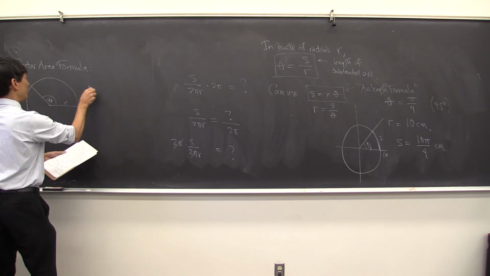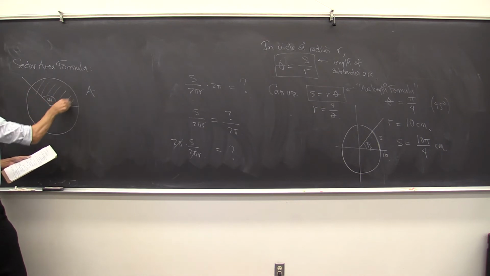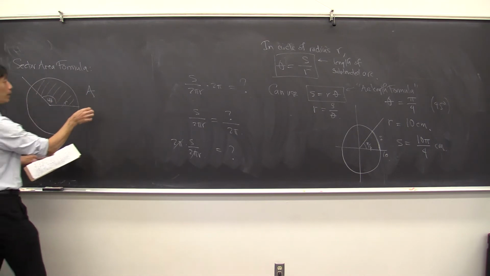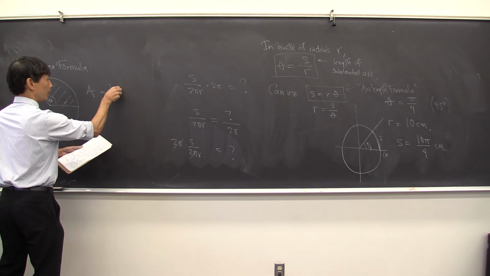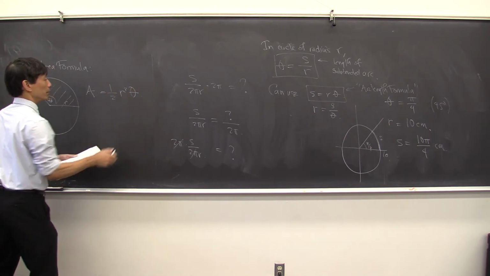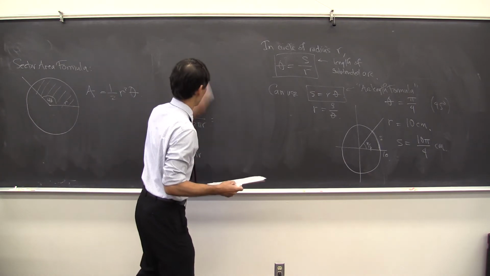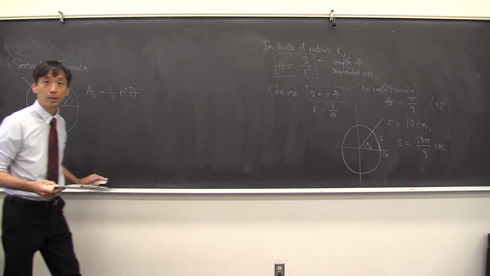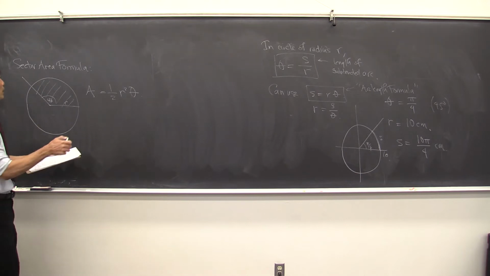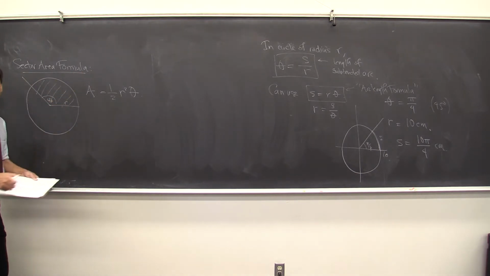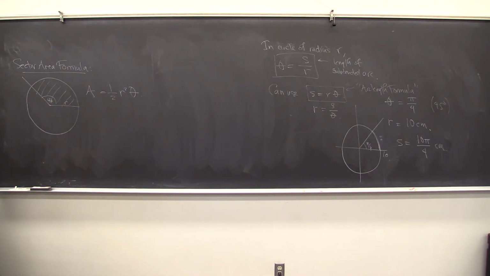Then the area of the sector chopped out by that angle is one half r squared theta. So that's the sector area formula.